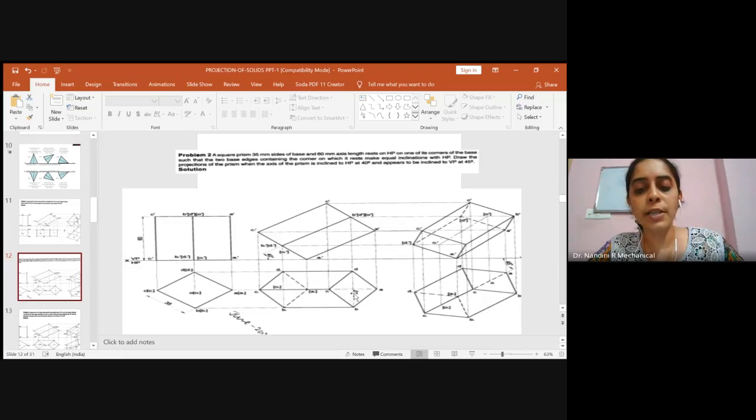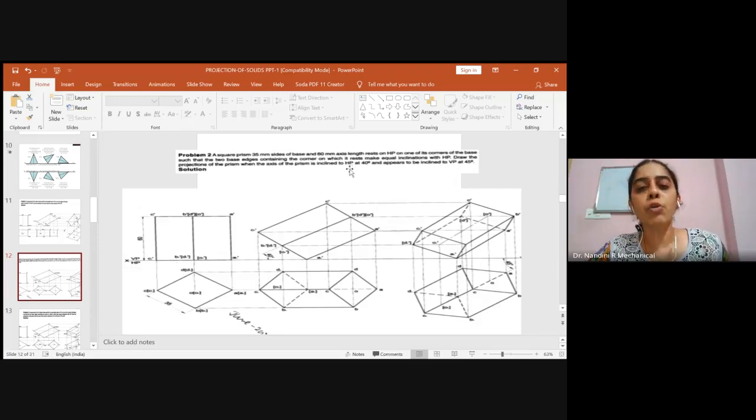If you measure this distance O1 to O, it will be smaller than the true length of the axis that we got in the first stage. In that case, you cannot directly shift to the given inclination of angle VP at 45. We have to determine the beta angle. But in this question, kindly read, it is told appears to be inclined to VP.